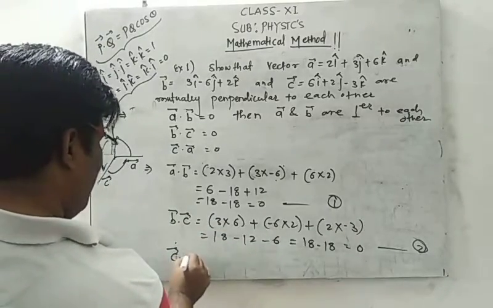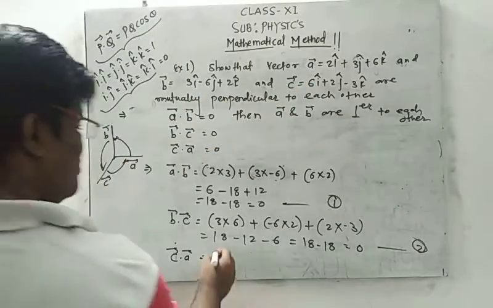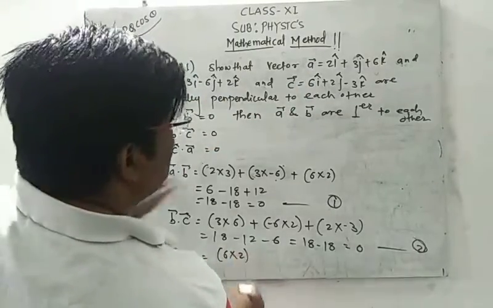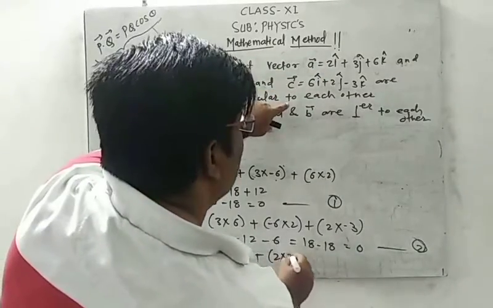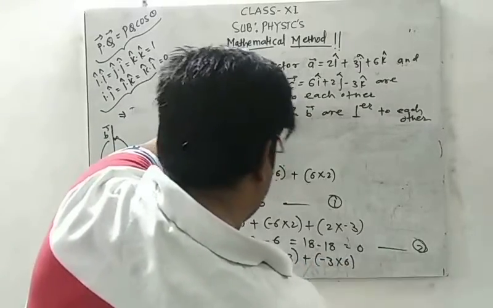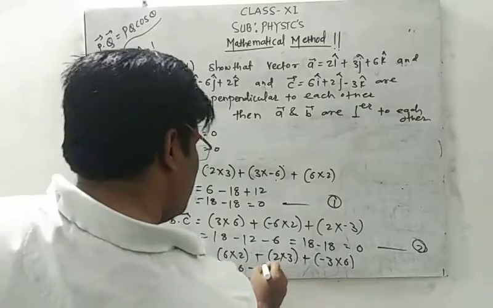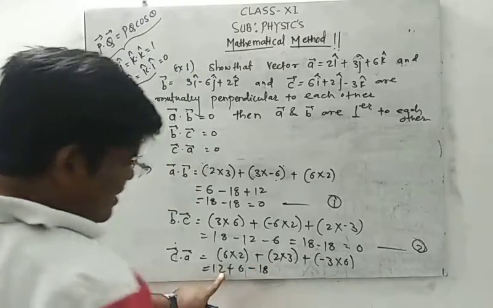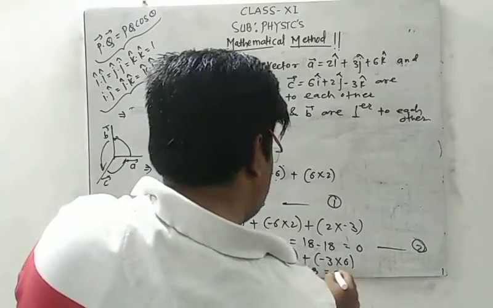Next, c bar dot a bar. Right? So 6 multiplied by 2 plus 2 multiplied by 3 plus minus 3 multiplied by 6. So this is equal to 12 plus 6 minus 18, that is 18 minus 18, this is equal to 0.